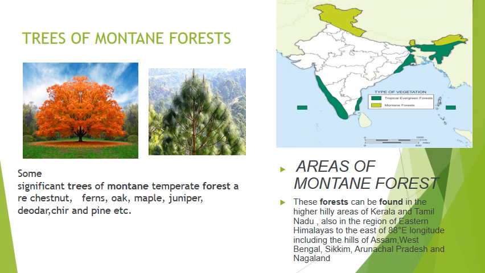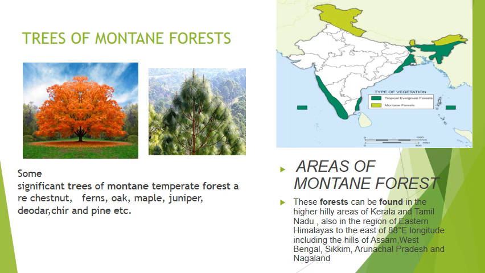These forests are found in areas where annual temperature is 12 degrees to 13 degrees Celsius. Rainfall is between 100 to 300 centimeter and annual humidity is between 56 to 65%.